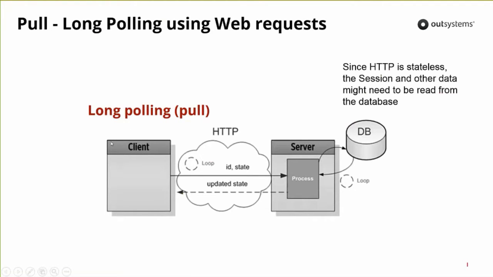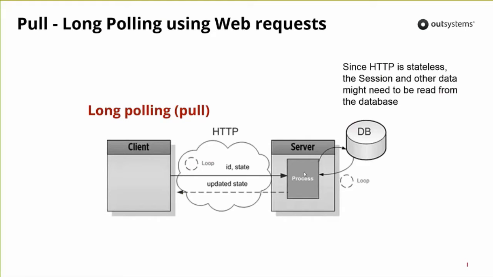First of all, to give you some context about the problems that push technologies intend to solve, let's imagine a scenario where we have a web application that needs to refresh its data every second. In this scenario, using normal HTTP requests, the client browser has some JavaScript code that invokes a server-side operation continuously inside a loop.